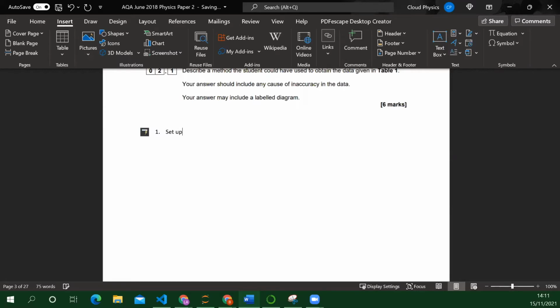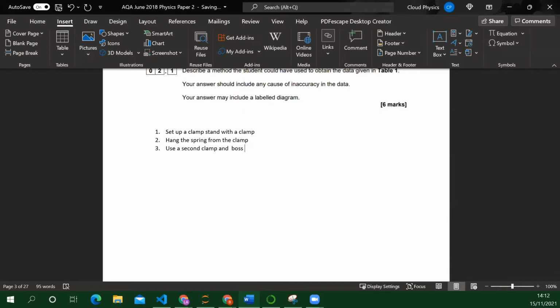So set up a clamp stand with a clamp. Hang the spring from the clamp. Use a second clamp and a boss, so a boss and a clamp stand, to fix a ruler, a meter ruler, alongside the spring.